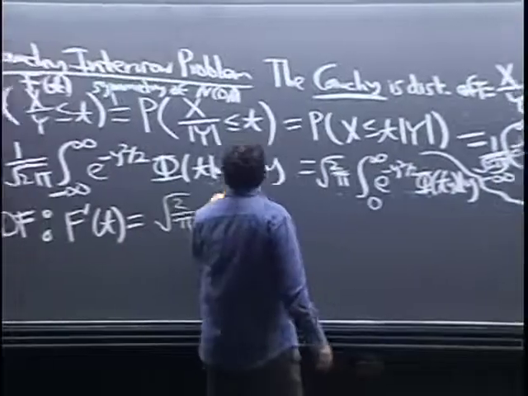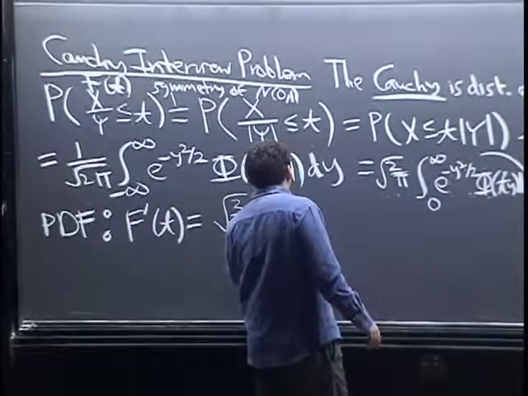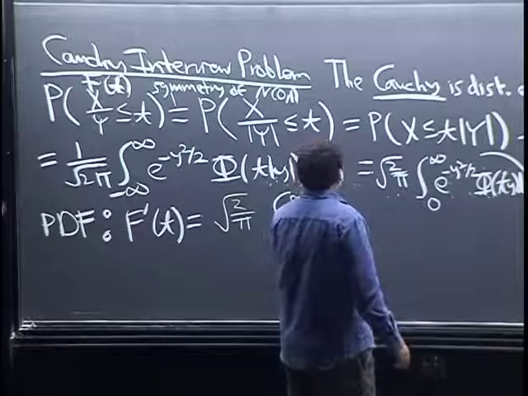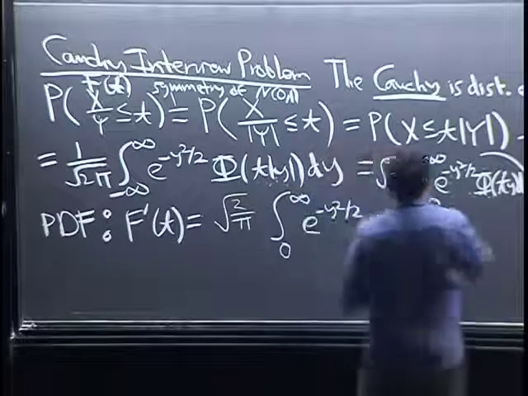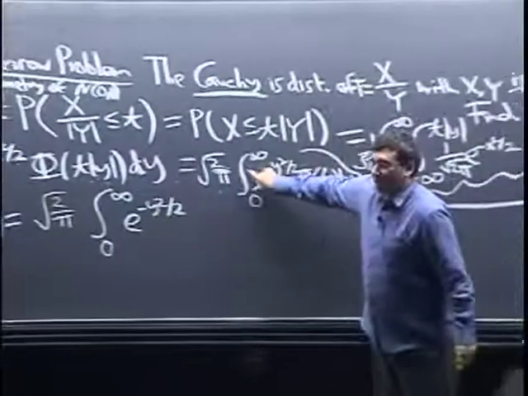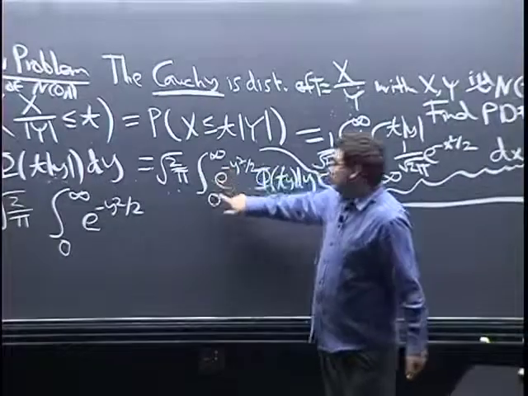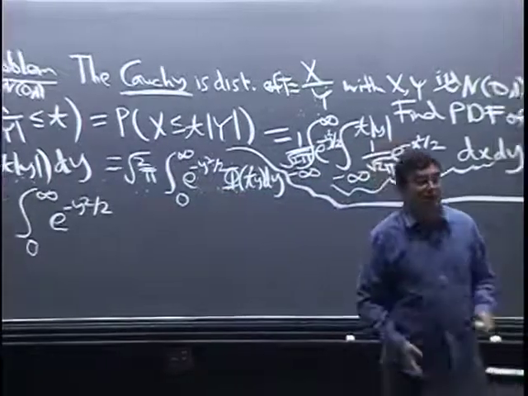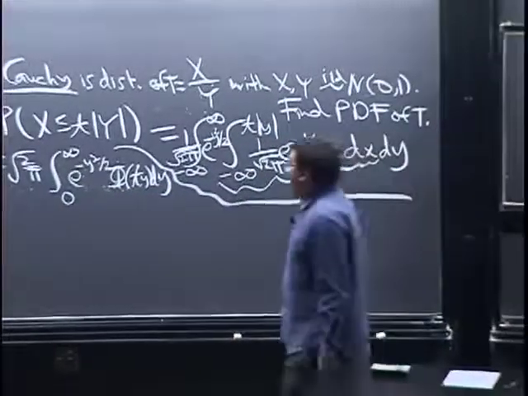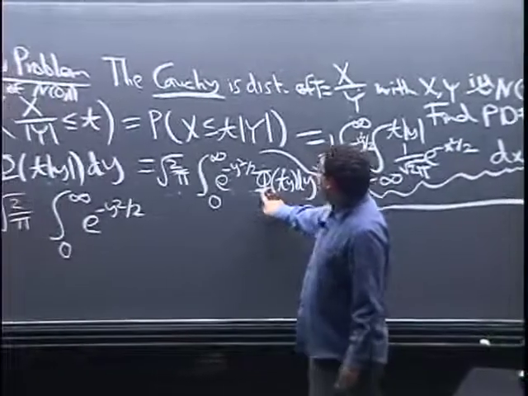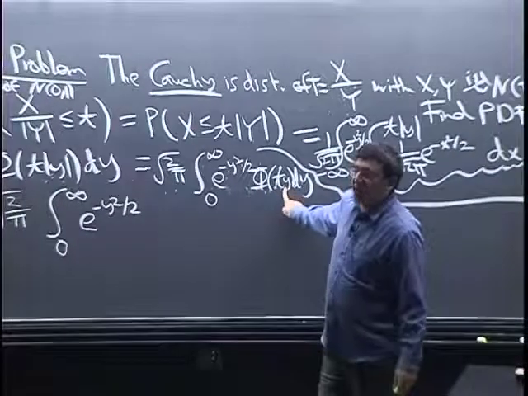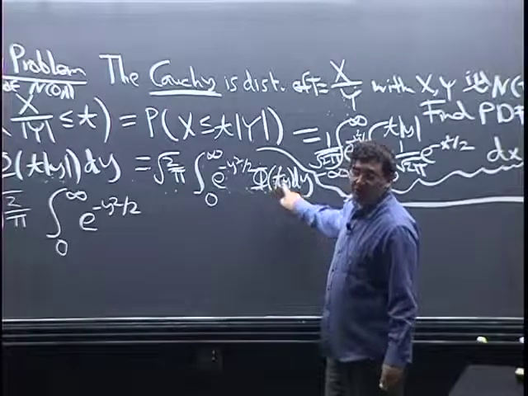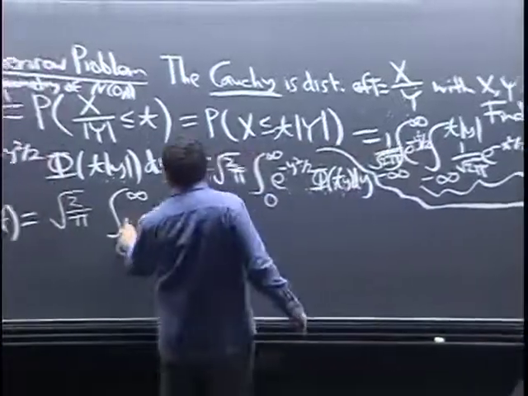So we have the integral 0 to infinity e to the minus y squared over 2. That we're differentiating with respect to t. We're bringing in a d, with respect to dt. So we're treating e to the minus y squared over 2 just behaves as a constant when we're differentiating with respect to t. And we take the derivative of capital phi of ty by the chain rule. Y is going to come out because we're differentiating with respect to t. So a y is going to come out from the chain rule, y.